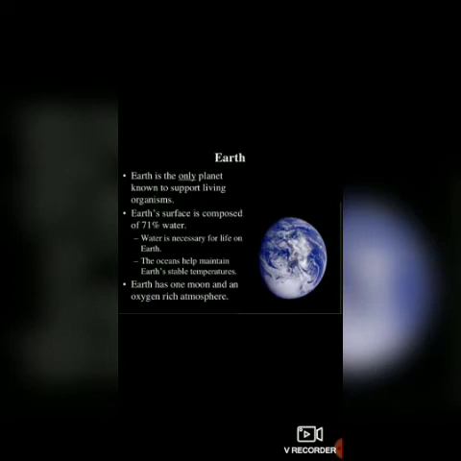And Earth's surface is composed of 71% water, which I mentioned before, and water is necessary for all living organisms for their life on Earth. The oceans help maintain stable temperatures, and Earth has only one moon and an oxygen-rich atmosphere. Oxygen exists here, hence we can survive on this planet.